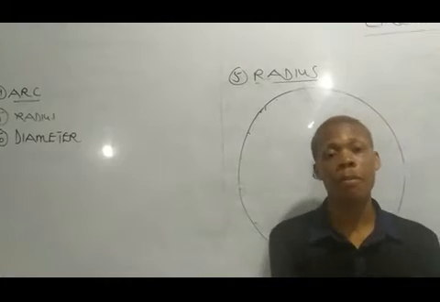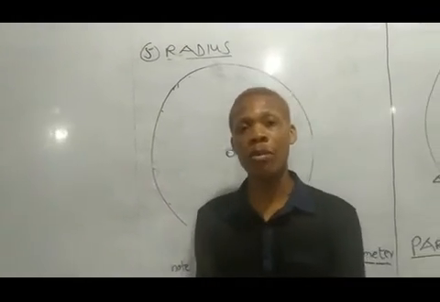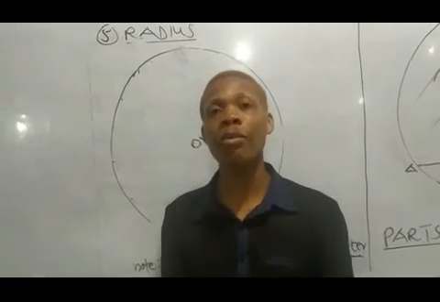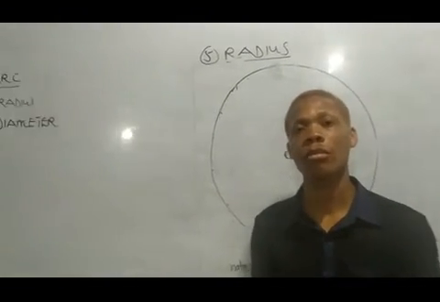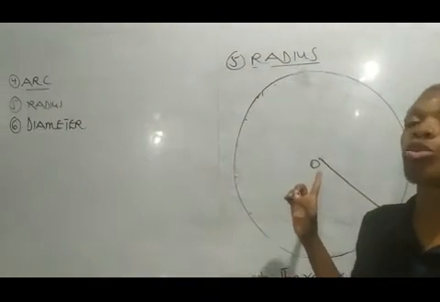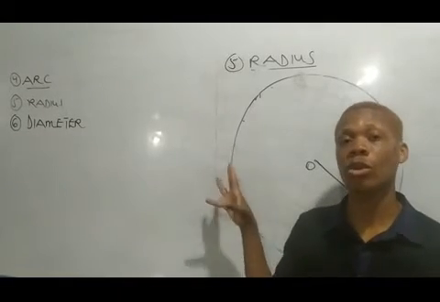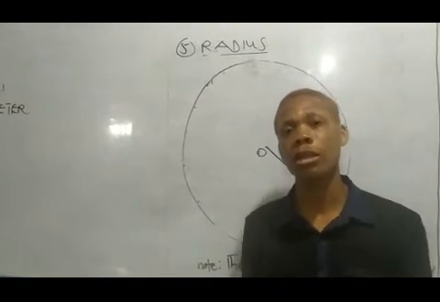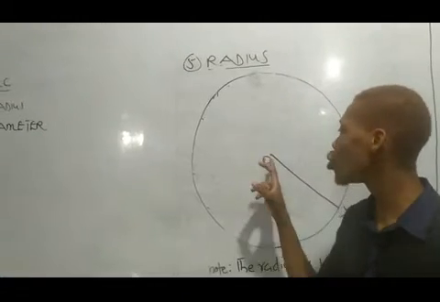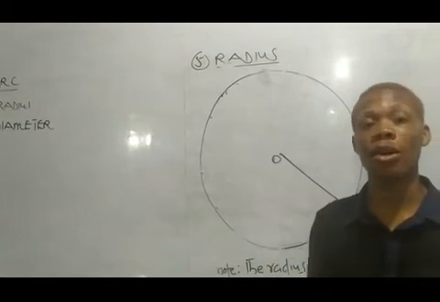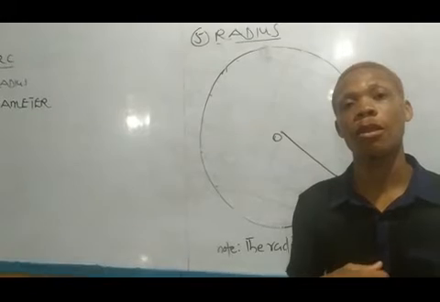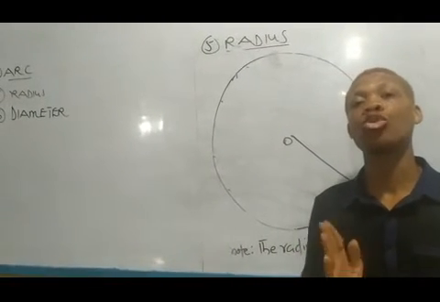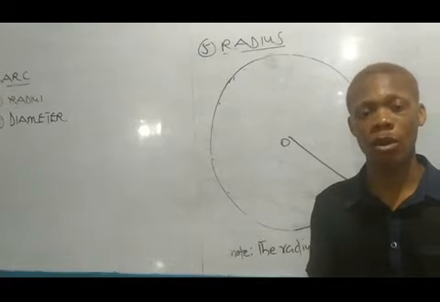The diameter is a type of chord which passes through the center of a circle.